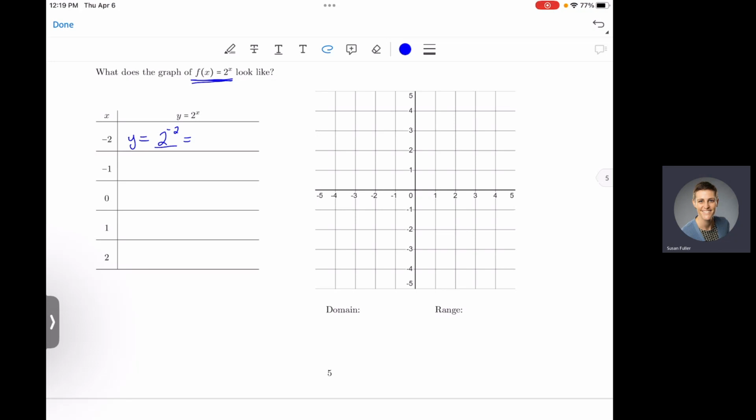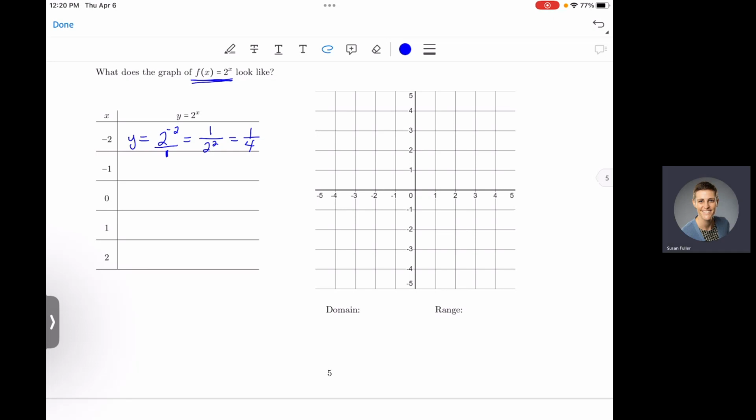Right now, 2 to the negative 2 is on the top, right? There's an over 1 kind of understood here. So 2 has to move downstairs. When it moves downstairs, the exponent becomes positive and it leaves a 1 behind. And so 2 to the negative 2 is 1 over 2 to the second power. That is 1/4.